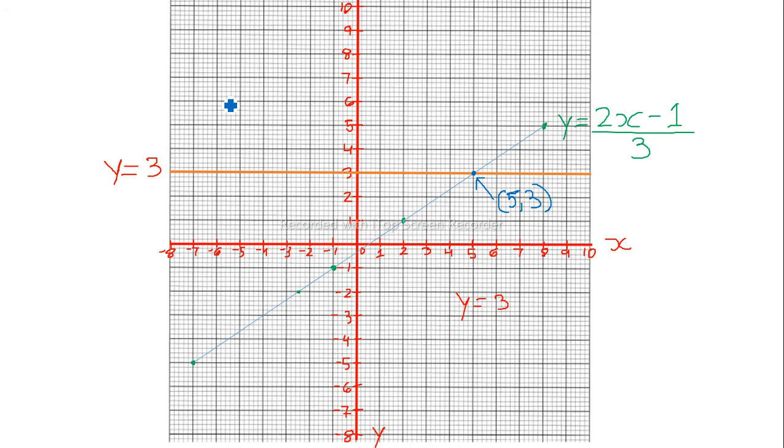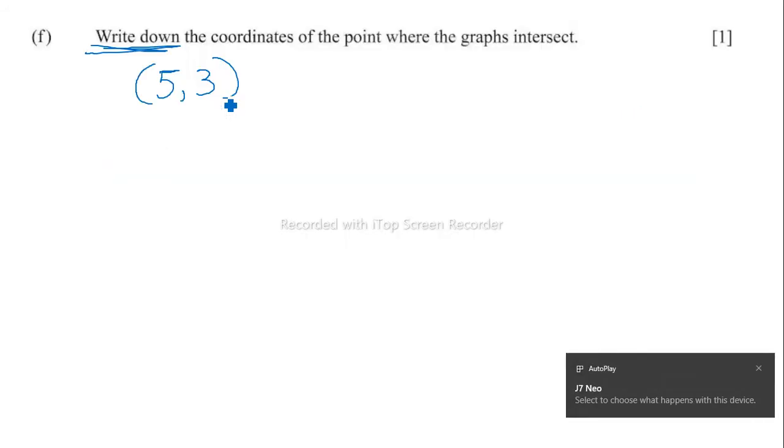Could I see the question again? Write down the coordinates of the point where the graphs end. Yes, thanks. Yes. No problem.